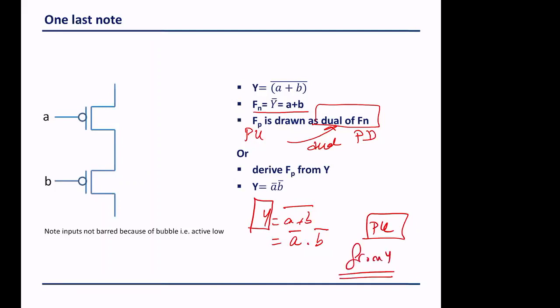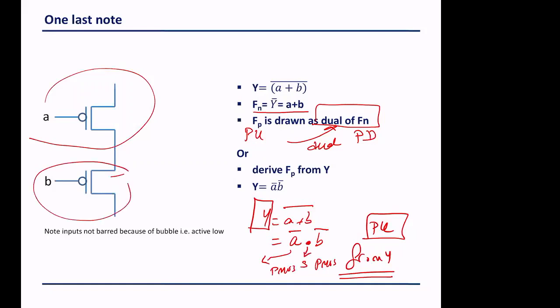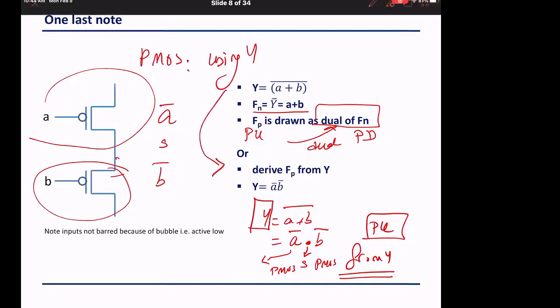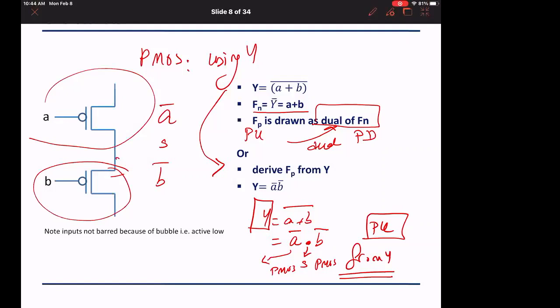So if I am just drawing directly the pull up from the expression of Y, not like what we did, but this is for your information, don't follow this approach. I can say the A bar is a PMOS in series with another PMOS. Okay, so this is what the AND corresponds to. And this would represent the A bar series with B bar implemented in PMOS using the Y expression. Okay, but for us we will not do this.